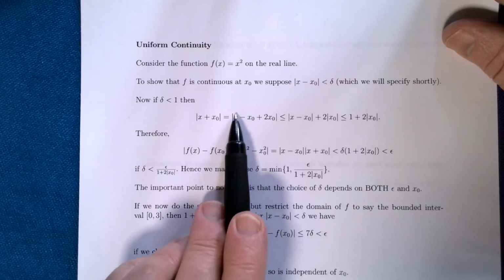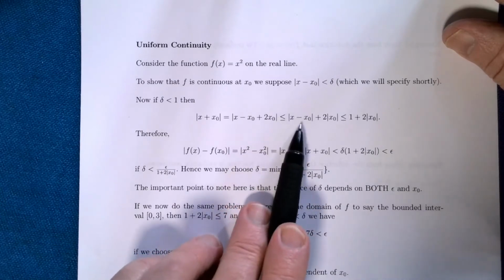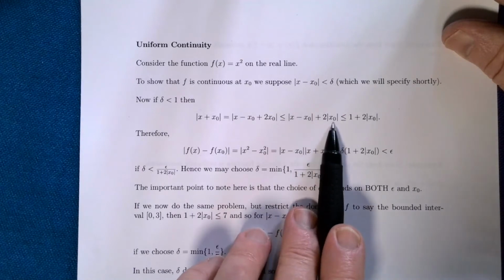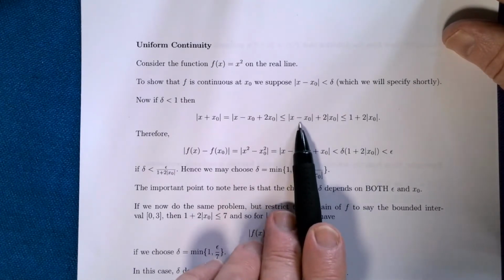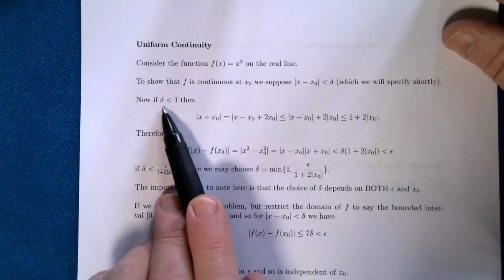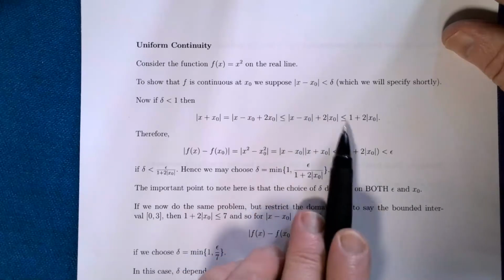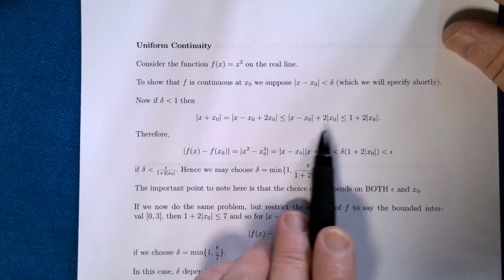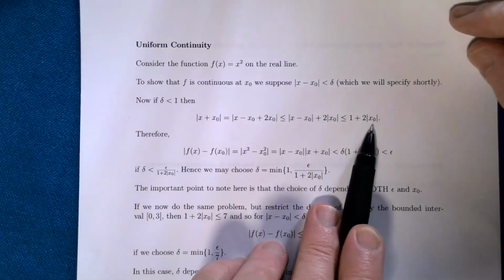I can now use the triangle inequality and say that's less than or equal to absolute value of x minus x naught plus twice the absolute value of x naught. And now we supposed here that this delta was less than 1. So this bit here is less than 1 plus twice the absolute value of x naught. Okay, so we've established that fact.